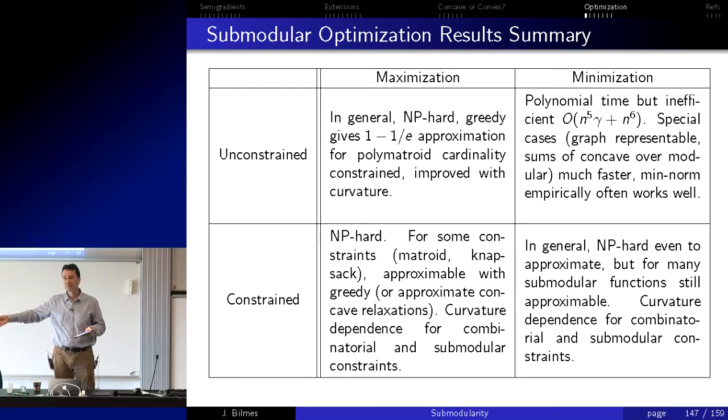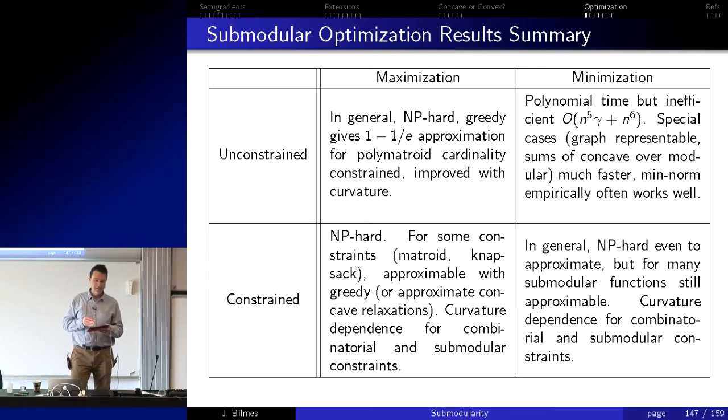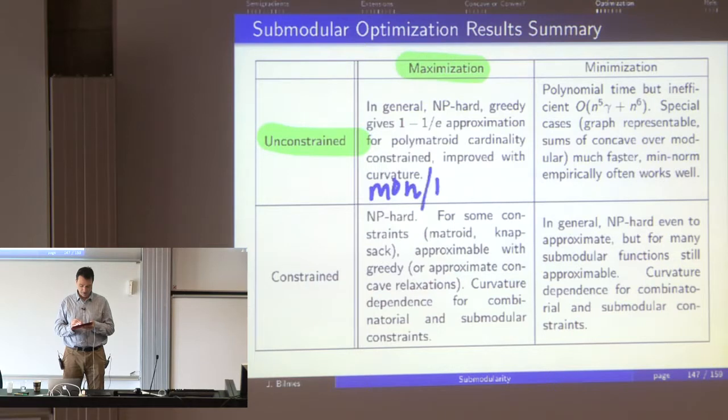Anytime you have a monotone non-decreasing function, it's easy to maximize. So in some sense, it doesn't really make sense to even talk about unconstrained polymatroidal maximization. If it's a polymatroid function, you really have to talk about some sort of constraint, like maybe a cardinality constraint. And so maybe what should really be done here is that you should talk about monotone versus non-monotone.